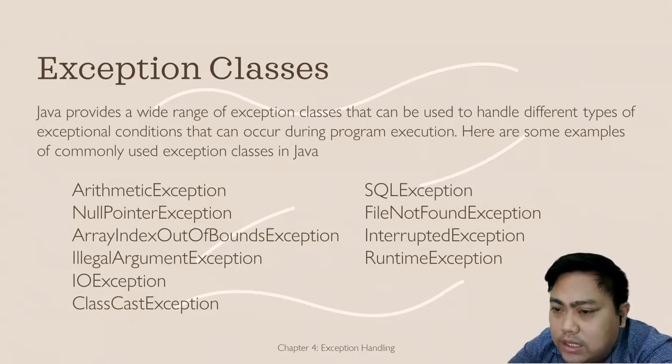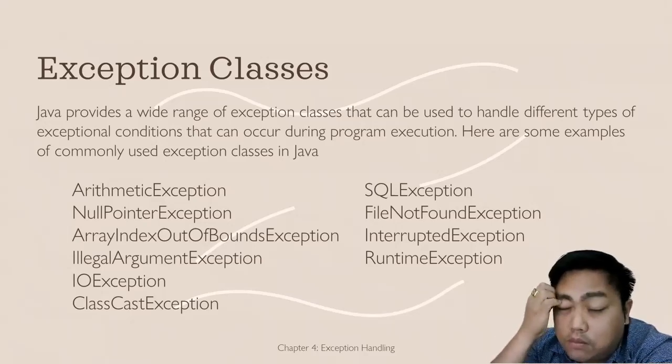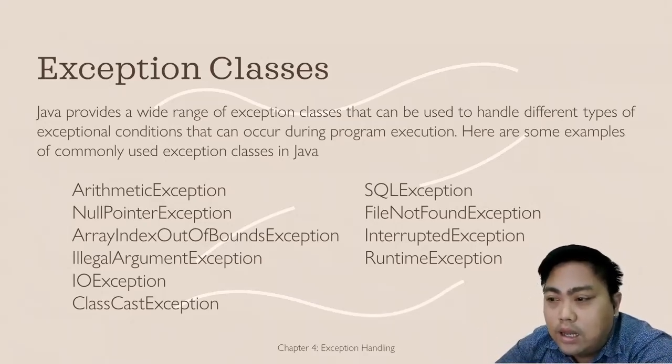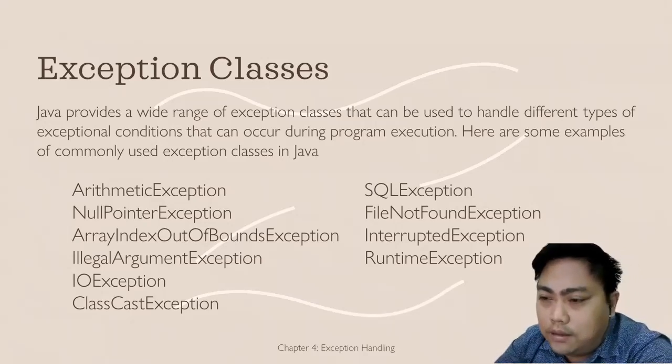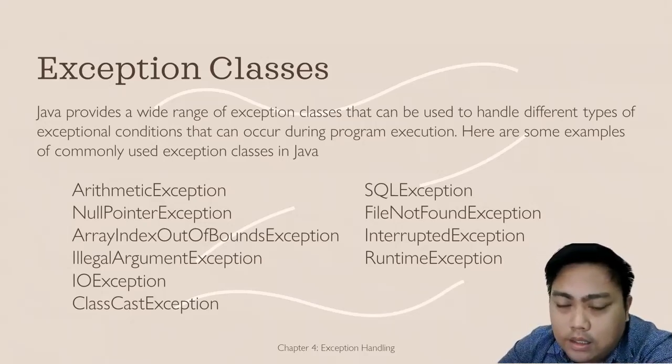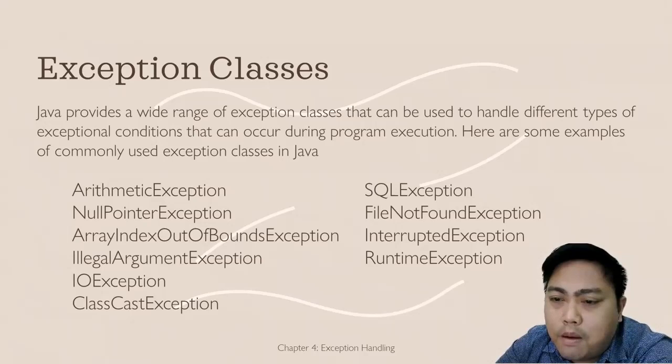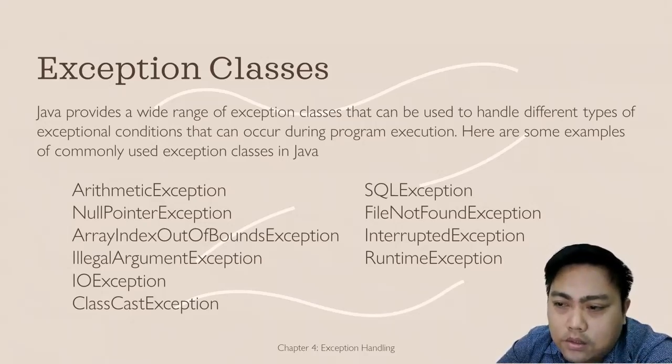So if we put a null where a non-null reference is required, it will issue a NullPointerException. It means that we need to have a reference, and it should have a value. It should not be null.